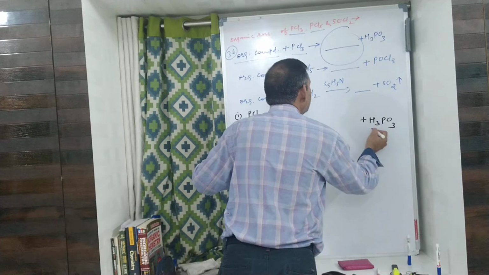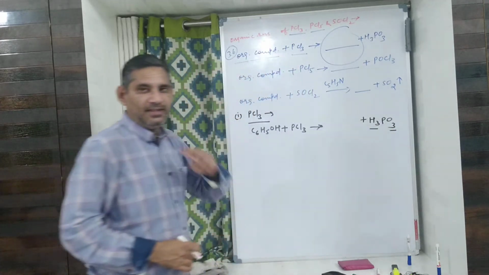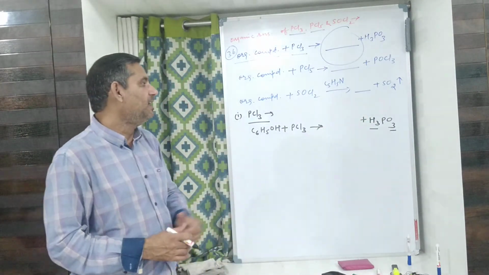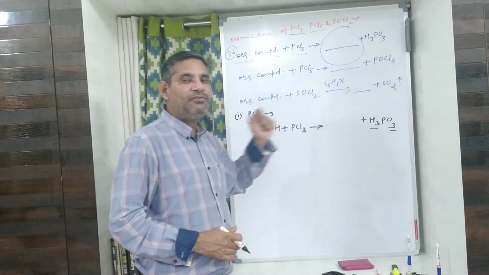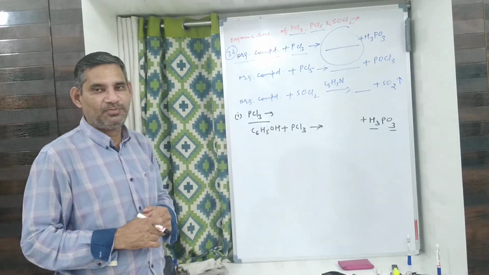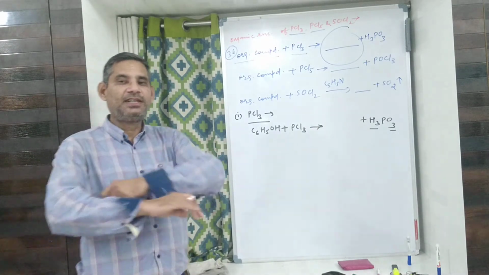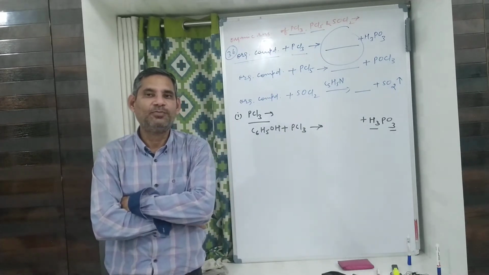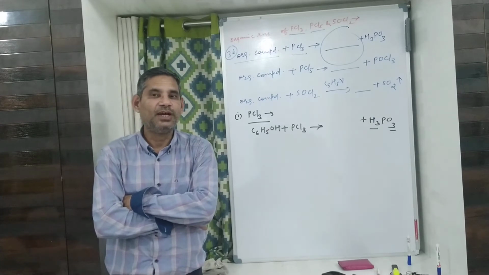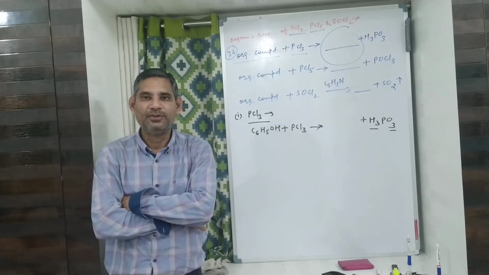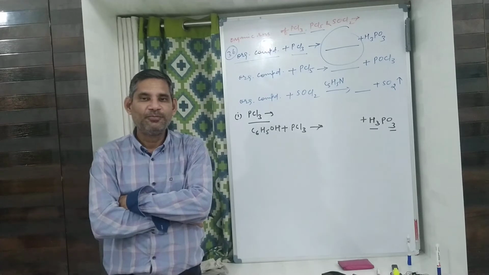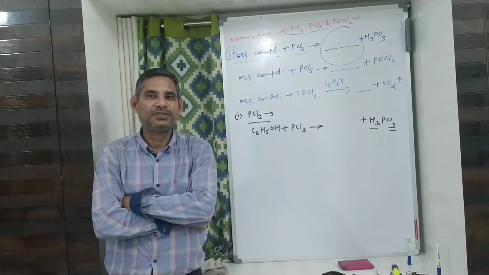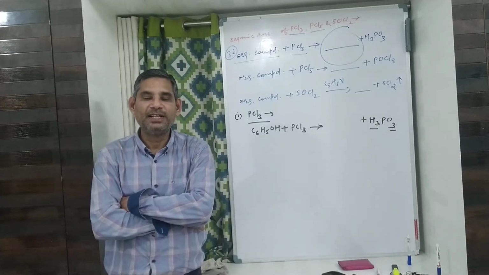From where do this H and O come in H3PO3? This H and O will always come from the functional group. See, in ether, the functional group is O. In that functional group, H is not there. So how can H3PO3 be formed? No. Ketone, the functional group is CO. There is no H. So how can H3PO3 be formed?